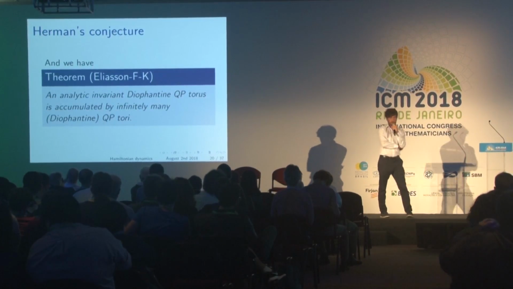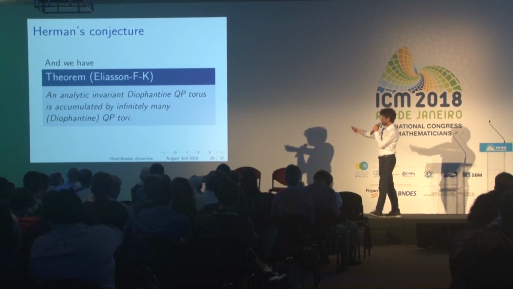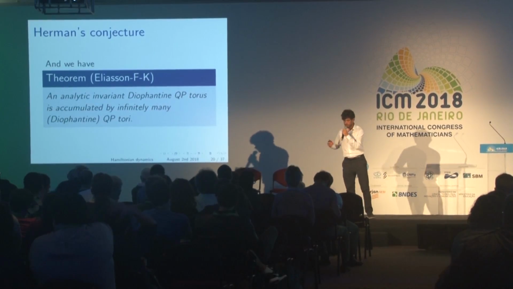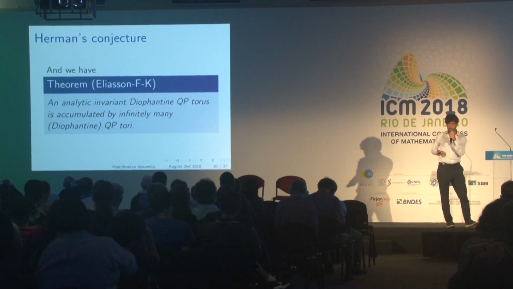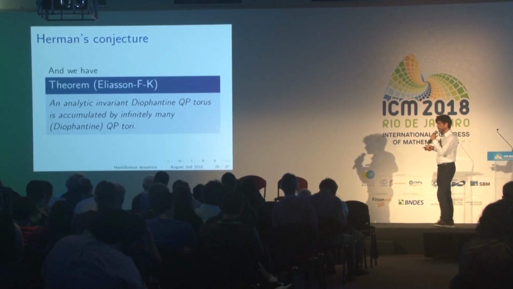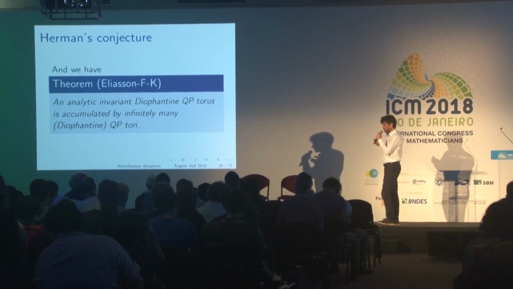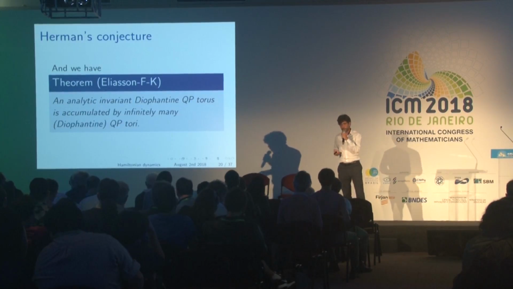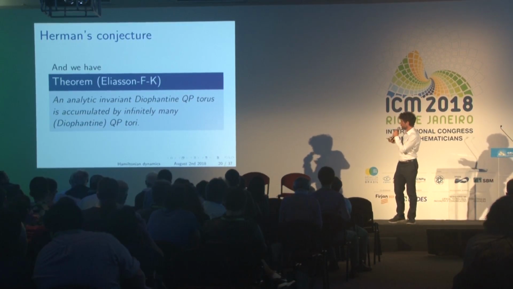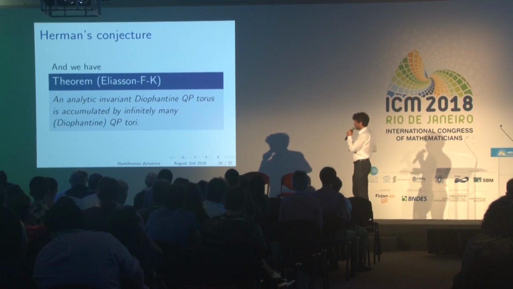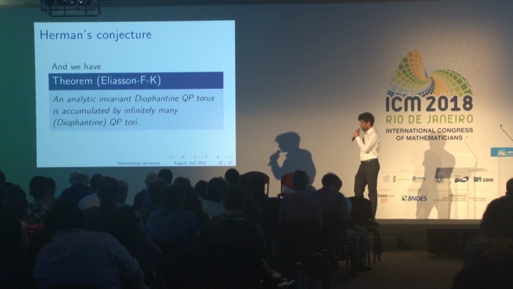We don't have positive measure. The way we prove this theorem with Eliasson is by doing normal forms with counter term, and we use analyticity in controlling the counter term and in showing that it is actually 0 on a set that is not empty.